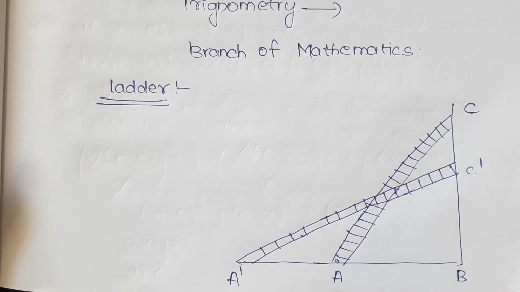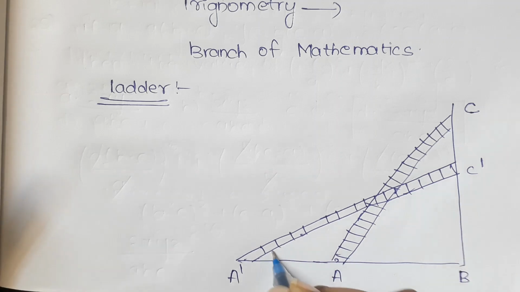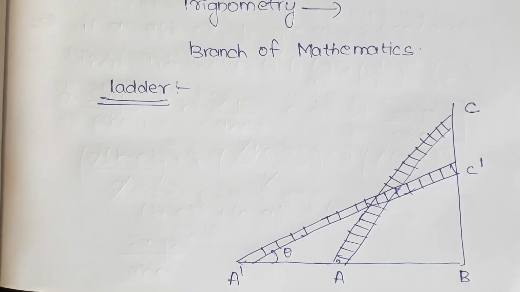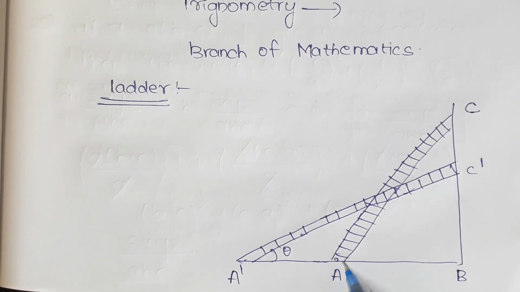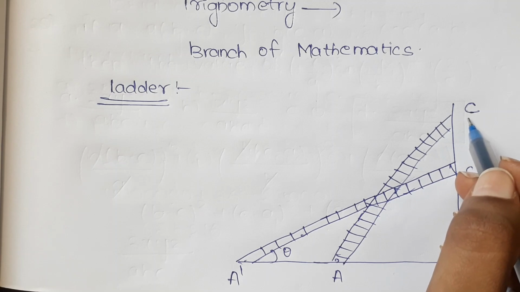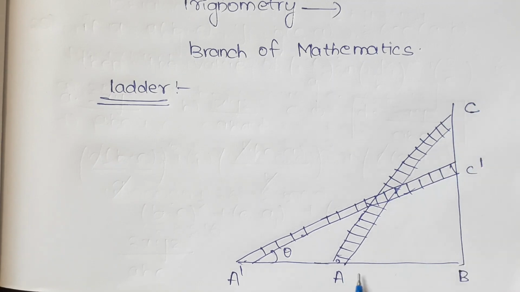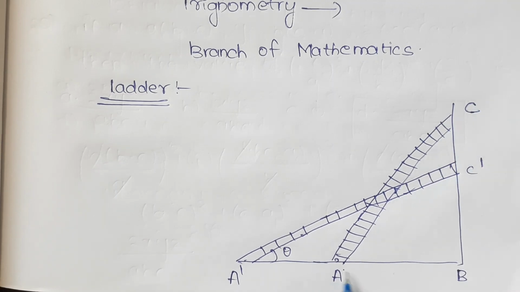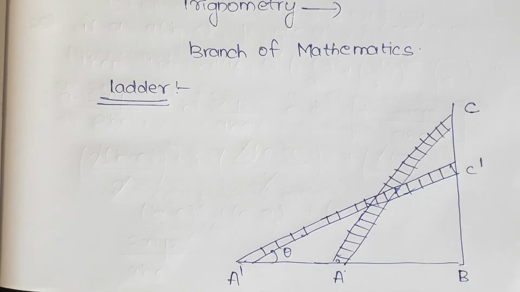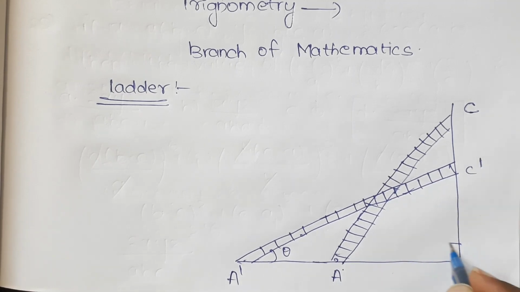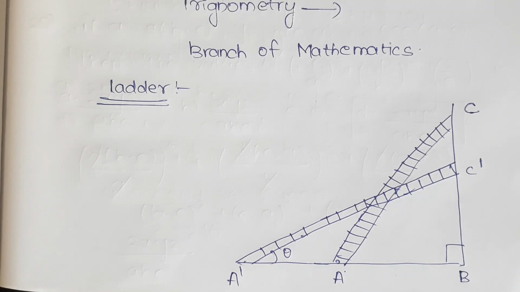It is the ladder. Now the foot of the ladder will be represented by A and the top of it by C, and the point joining the height and the base is denoted by B. Therefore triangle ABC is a right angle triangle with the right angle at B, and the angle between the ladder and the base is said to be theta. Here is theta.